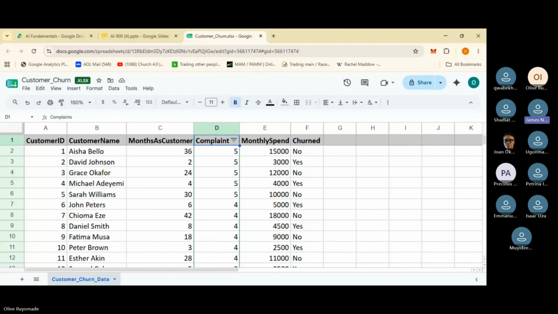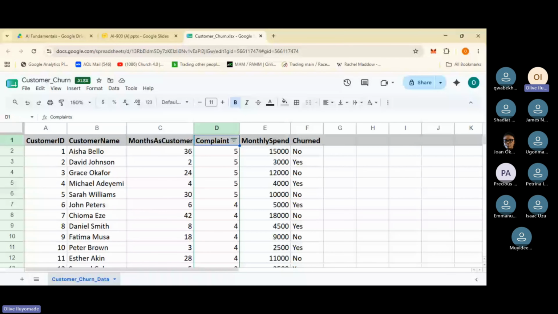But he has chances of leaving because he has got more complaints within a small time he has spent in the community. In terms of spend, he has also spent much compared to other customers, 2,500 within 3 months, and had four complaints. So he has chances of leaving. I don't know if I answered what you want to hear.